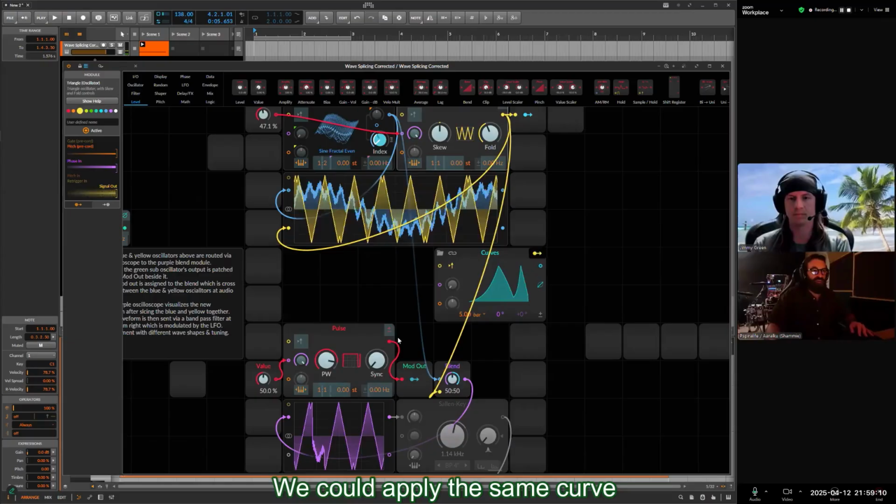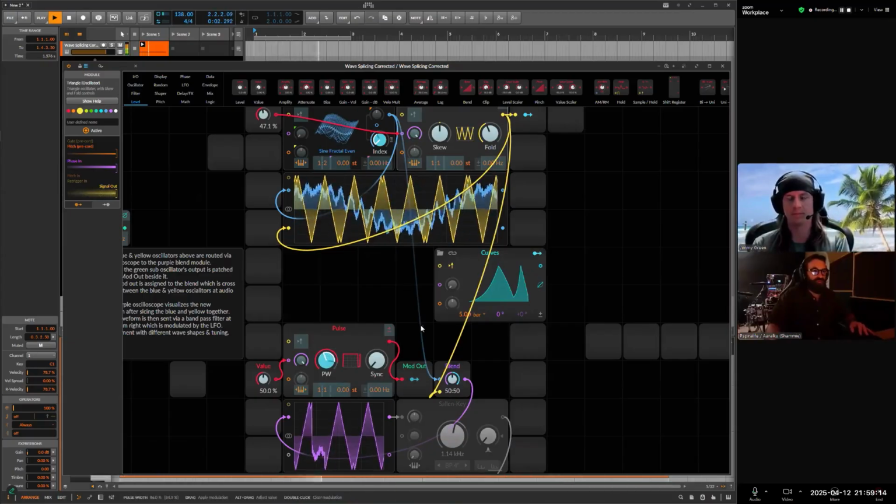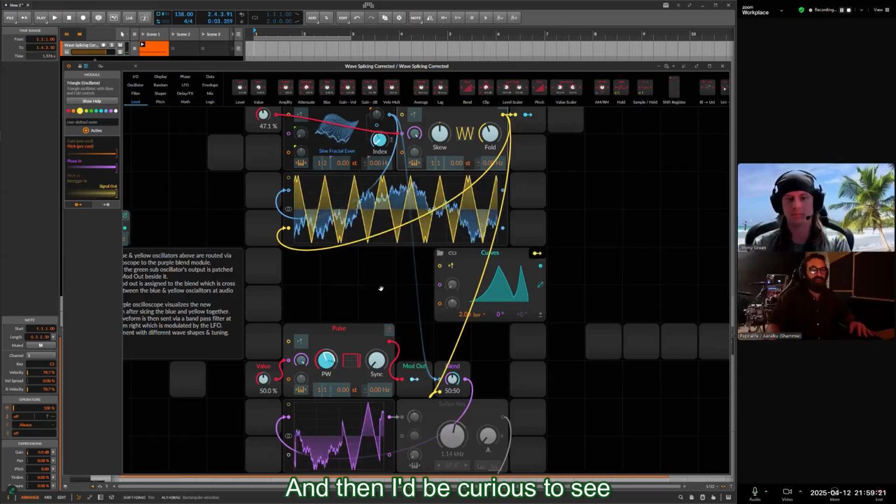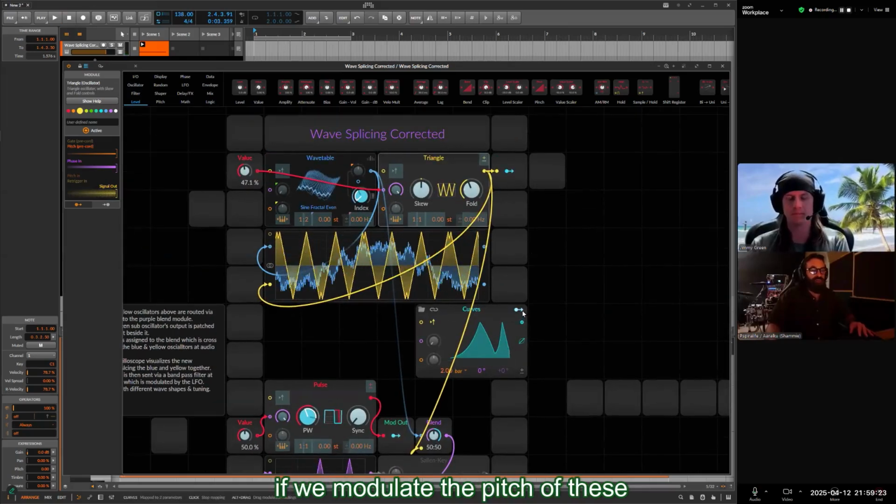We could apply the same curve to the pulse width. And then I'd be curious to see if we modulate the pitch of these oscillators the same amount too.